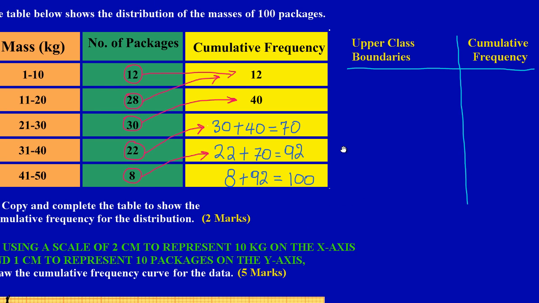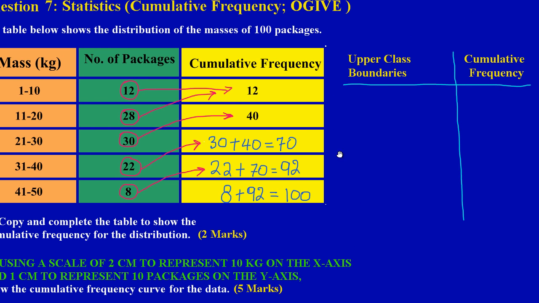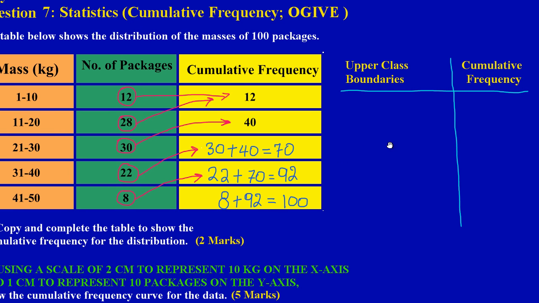Now to get my upper class boundaries, I have constructed another table here on my right. I'm plotting my upper class boundaries against my cumulative frequency. I'm going to be taking these values in my mass column in kilograms, at the extreme right.